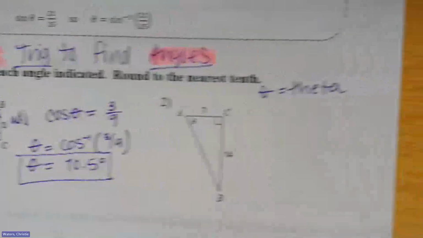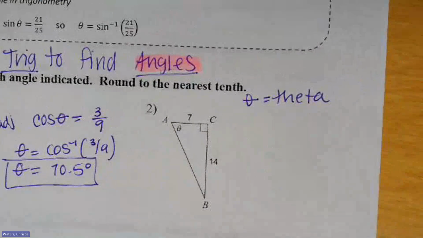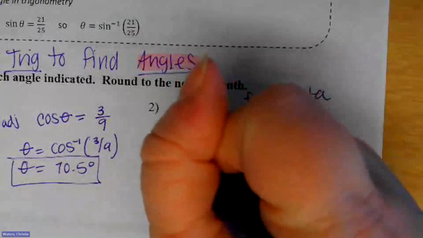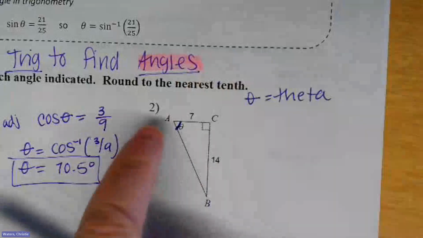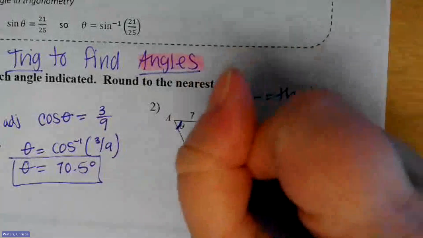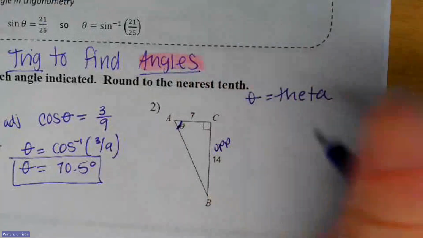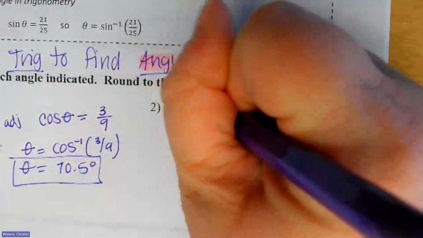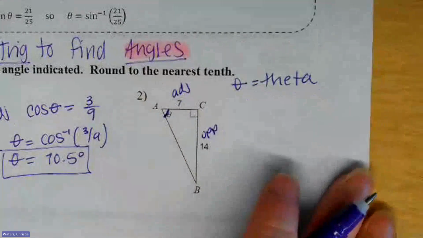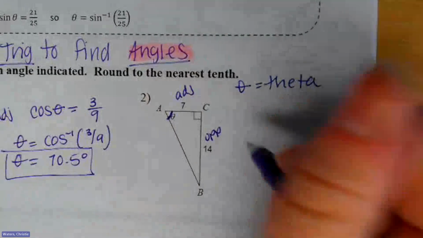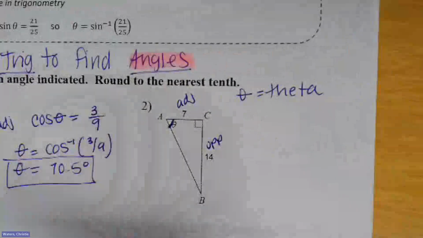All right, so let's take a look at number 2. So number 2, the theta is marked at angle A. So that means 14 is my opposite side and 7 is the adjacent side. Opposite and adjacent uses tangent. So I'm just going to kind of skip the top line that I did here with number 1.